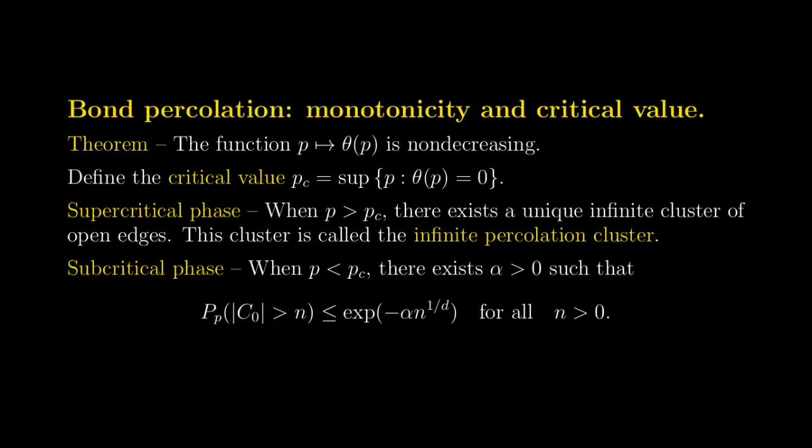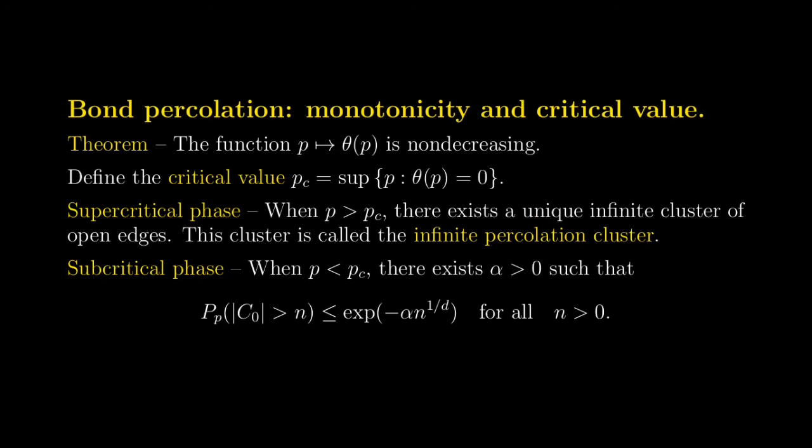Then let's look at the last result, which describes the process in the subcritical phase, meaning p is strictly less than p_c, which corresponds to the picture on the left. Looking at this picture, you remember that it seems we have a bunch of tiny clusters, and indeed this result suggests what we observe.